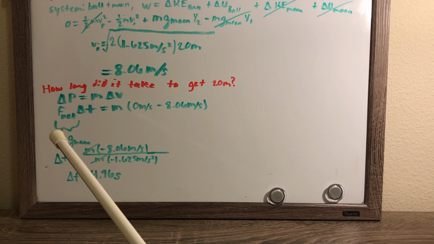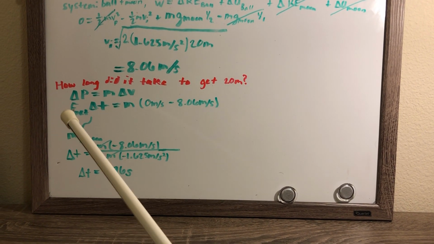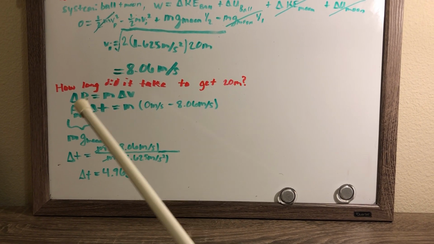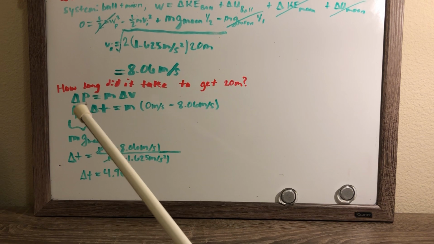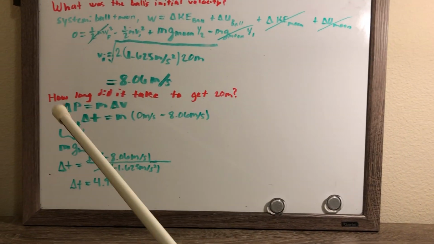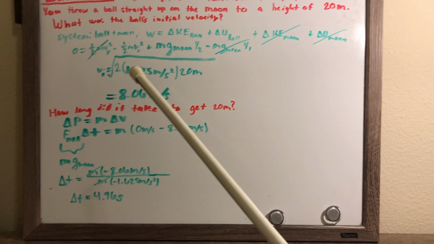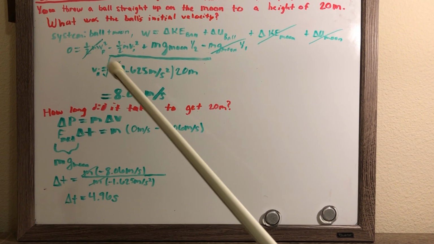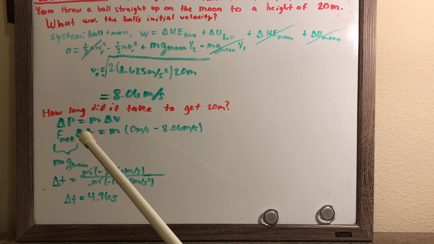So we know that change in momentum is, well, first, the reason why we want to use momentum is because we used work energy here, and there's only 2 fundamental principles that are applicable, and we used the first one here, so we need to use the second one here.